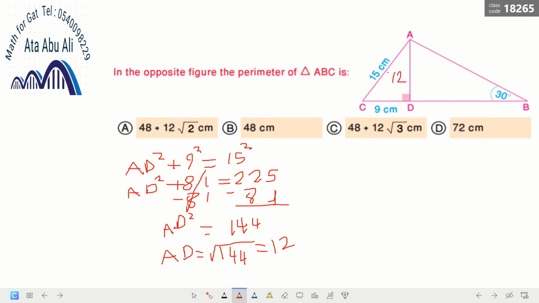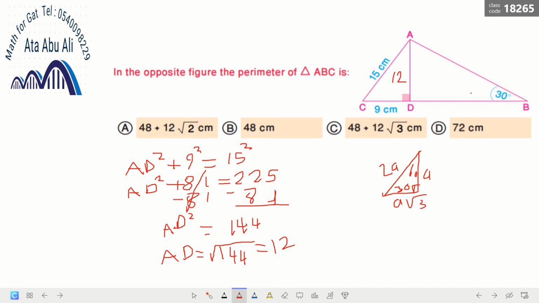Now, as we know, AD is the opposite of 30. In our rule, if this is 30 and this is a right triangle and this is 60, then if the opposite side is A, the hypotenuse is double, and the opposite of 60 is A times square root of 3.